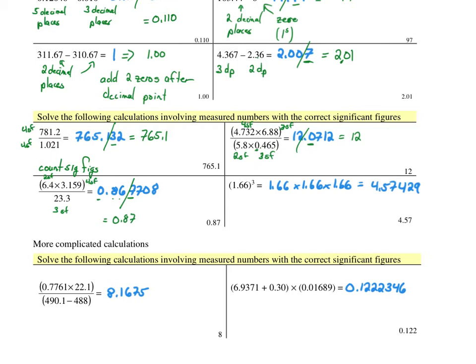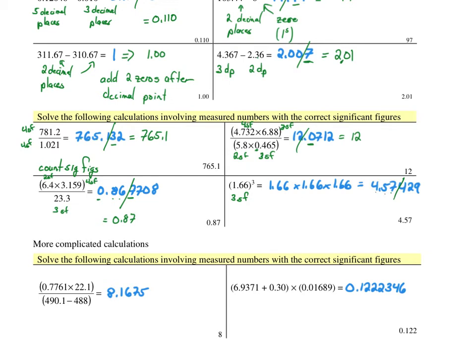Okay, 1.66 cubed. And as a quick reminder, that means 1.66 times 1.66 times 1.66, and we have our calculator answer. The 1.66 has 3 sig figs. Therefore, our final answer should have 3 sig figs. 1, 2, 3.